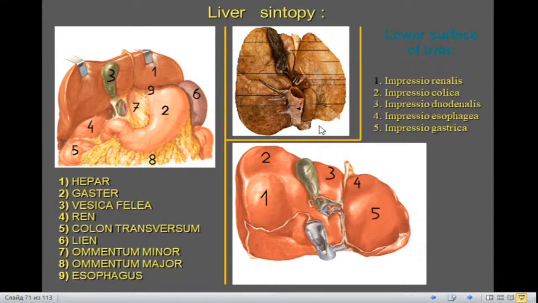You can know which organs are surrounding the liver. And here I listed them all. The names of impressions are impressio esophagealis, impressio gastrica, impressio colica, impressio duodenalis, impressio renalis. All of them are listed here.